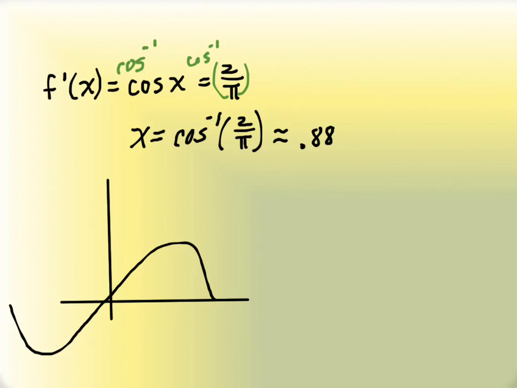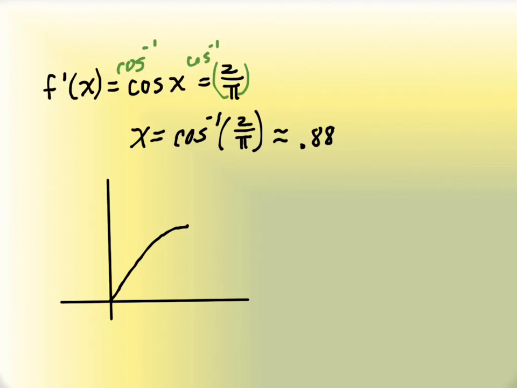At the maximum. Pi halves should be at the y value of 1, right? So it should be at the maximum. So the graph that I've actually got is just this part of it.